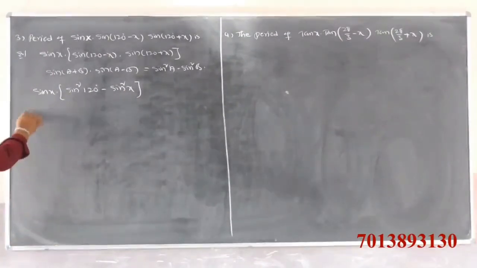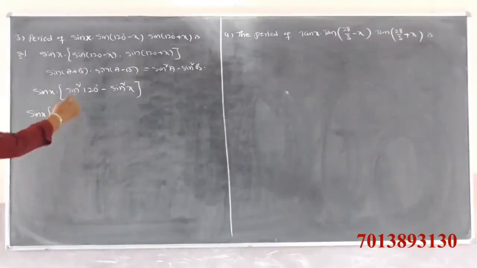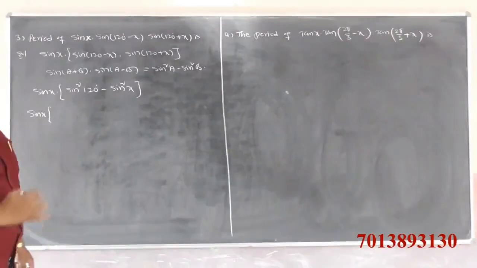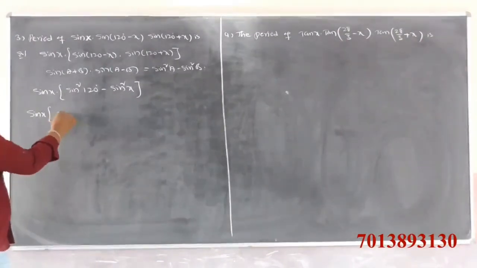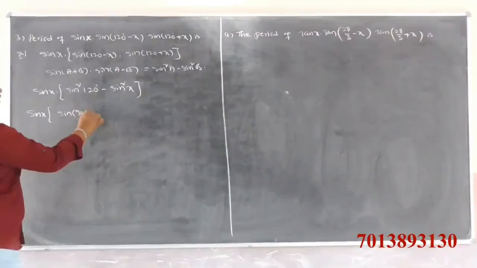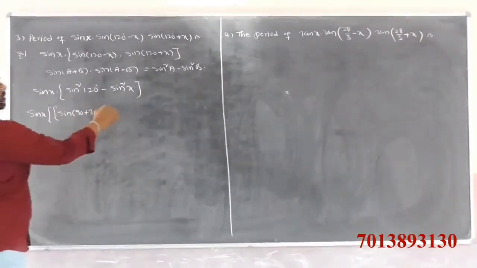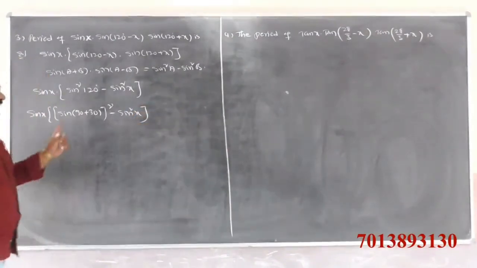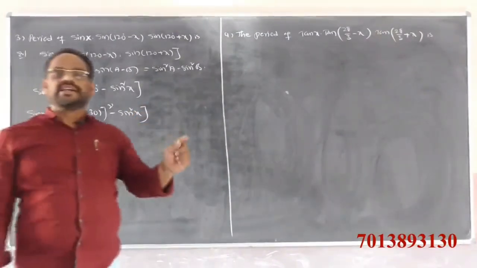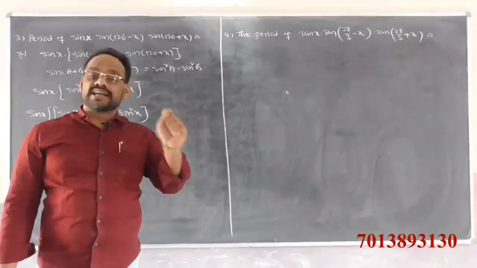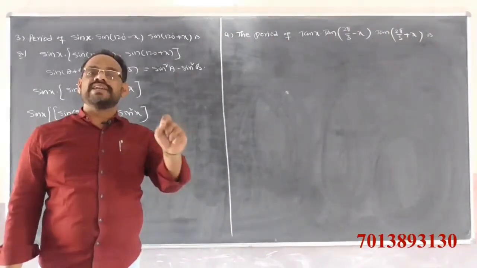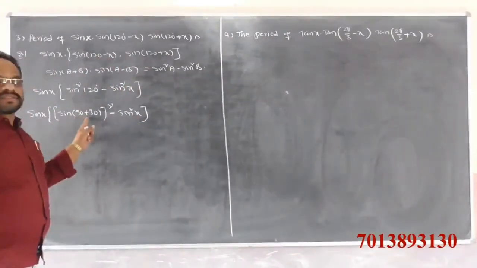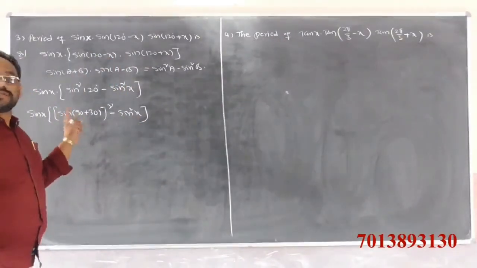120 can be written as 90 plus 30. So this is sin x into (sin(90 plus 30) whole square minus sin square x). Sin(90 plus theta) lies in the second quadrant, where sin is positive, and 90 means the sin ratio changes to cos ratio.